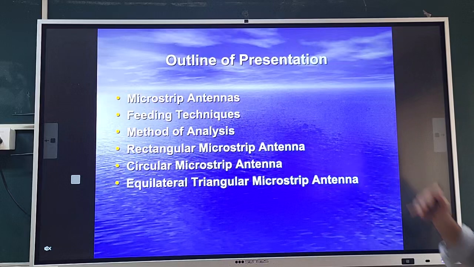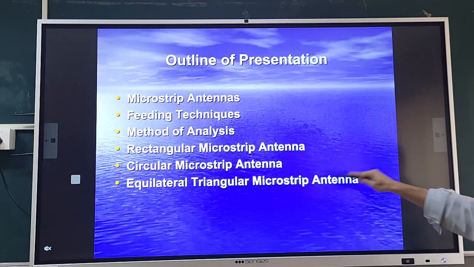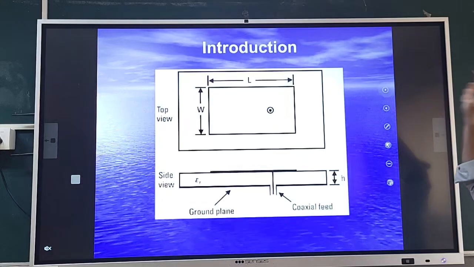Then, very importantly, we are going to study three types of microstrip antenna: regular shape, rectangular or a square, a variation of rectangle, a circular microstrip antenna, and an equilateral triangular one. And then compact variations of those microstrip antennas we are going to study related to the design as well as testing. So this is with respect to regular shape microstrip antenna.